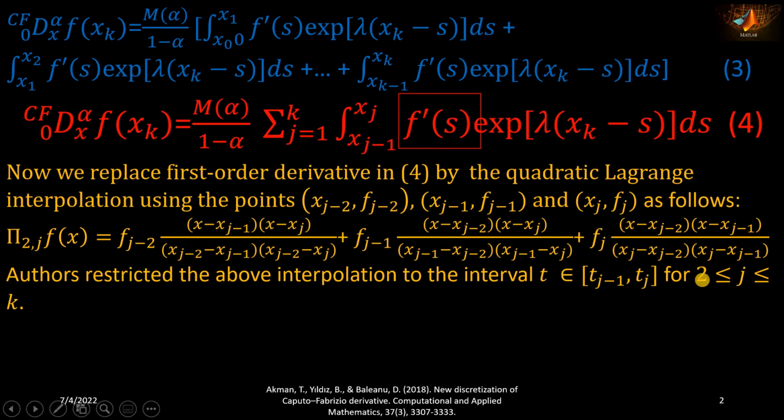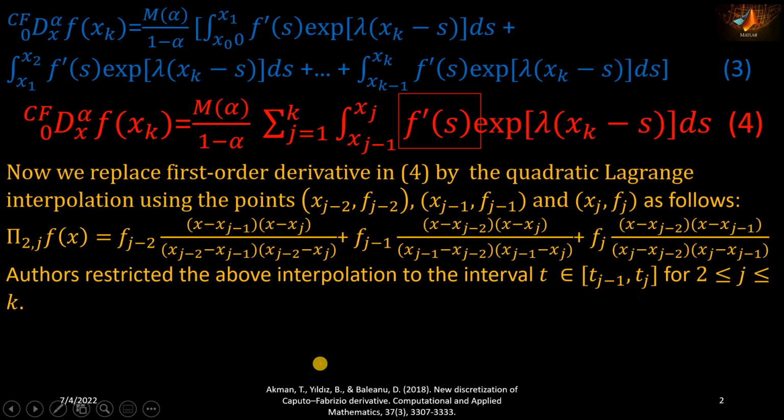Remember, we have not considered j equal to 1 here. Later I will show you why j equal to 1 has not been considered, and if it is considered, what kind of term we can have.